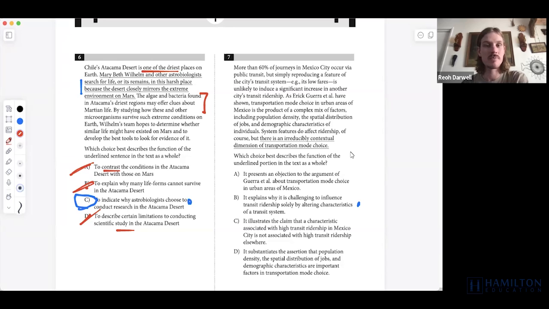So it's not just that it's cheap, it might also be that it actually brings you somewhere you want to go, or it actually runs on time. There's more to it than just the fare. Okay, so what are these factors according to them? Density, spatial distribution of jobs, and the demographic characteristics of individuals, all right?